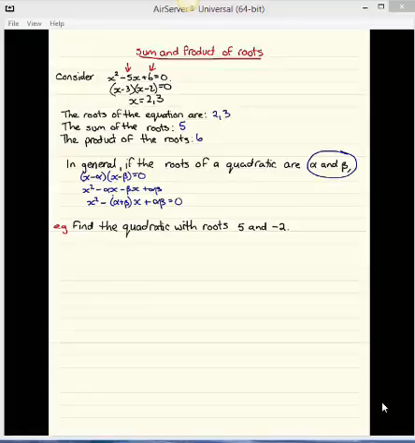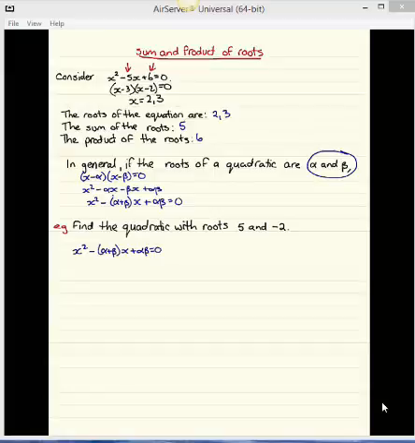So the way this is used is like this example. If they tell you what the roots of an equation are and they want you to find what the equation for the quadratic is, we go back to that equation, x squared minus alpha plus beta x and then plus alpha beta is equal to 0.